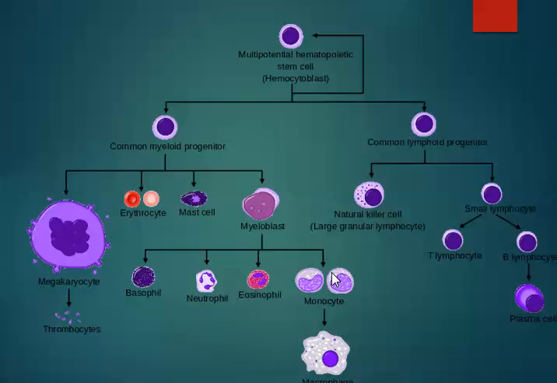So these are derived from common myeloid progenitors, and they're involved in such roles as innate immunity, adaptive immunity, and blood clotting.